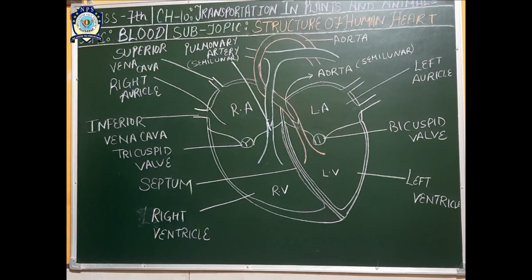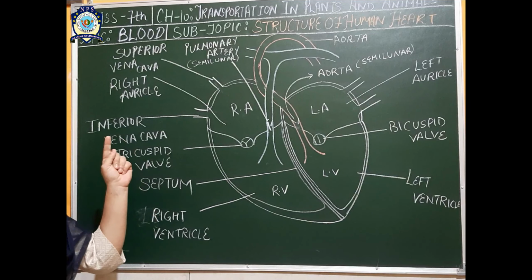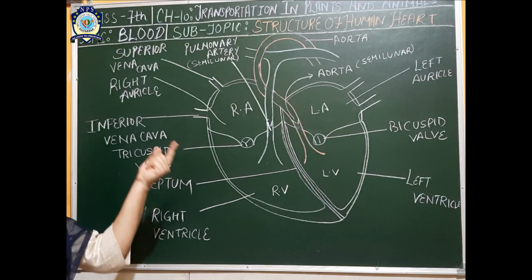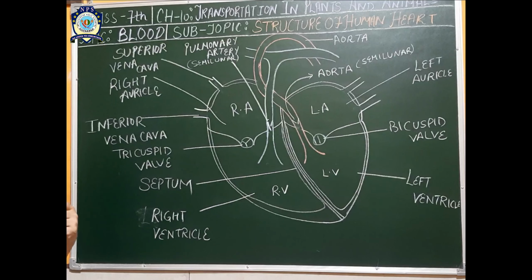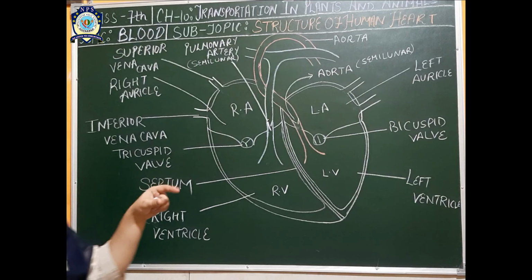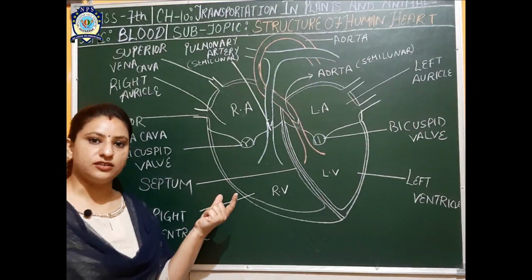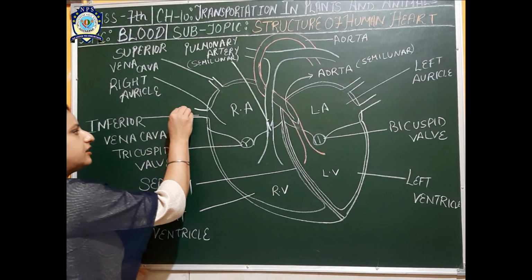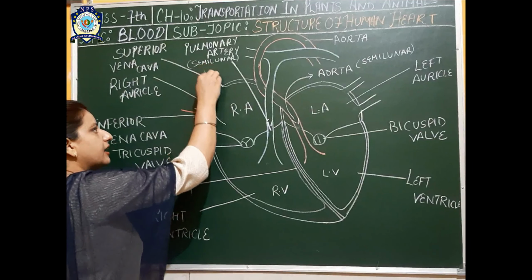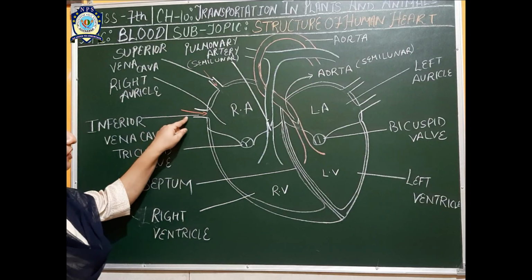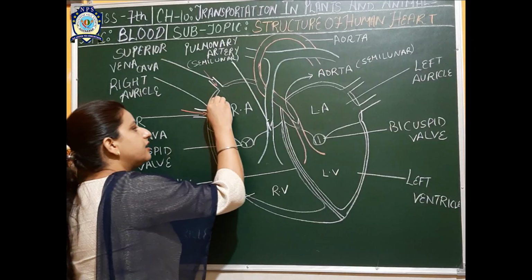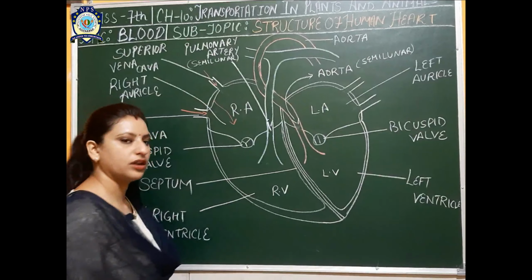Now let's discuss how the blood flows from the auricles to the ventricles, then to the lungs, then how it returns back from the lungs, and then how it is passed to the body parts. So first the deoxygenated blood that comes from the inferior vena cava and superior vena cava enters inside the right auricle.